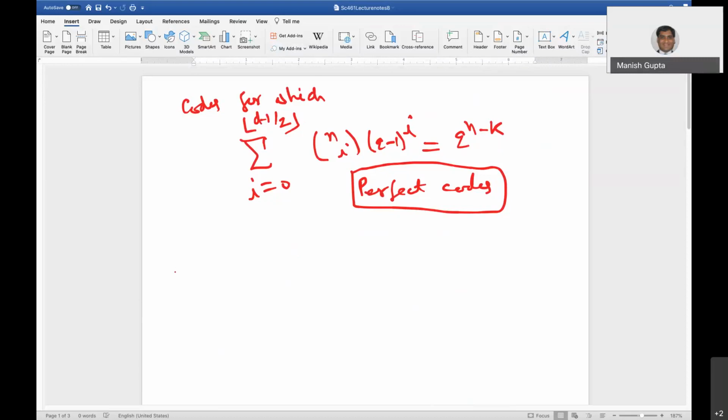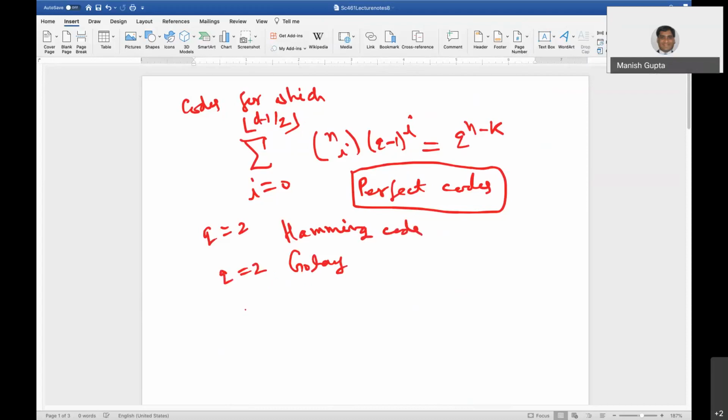One of them: when q is equal to 2, there is a code known as the Hamming code. I am going to describe it now. First, I will describe the q equal to 2 Hamming code. Second is the Golay code, which exists for q equal to 2 and q equal to 3. I will discuss the q equal to 2 case first.